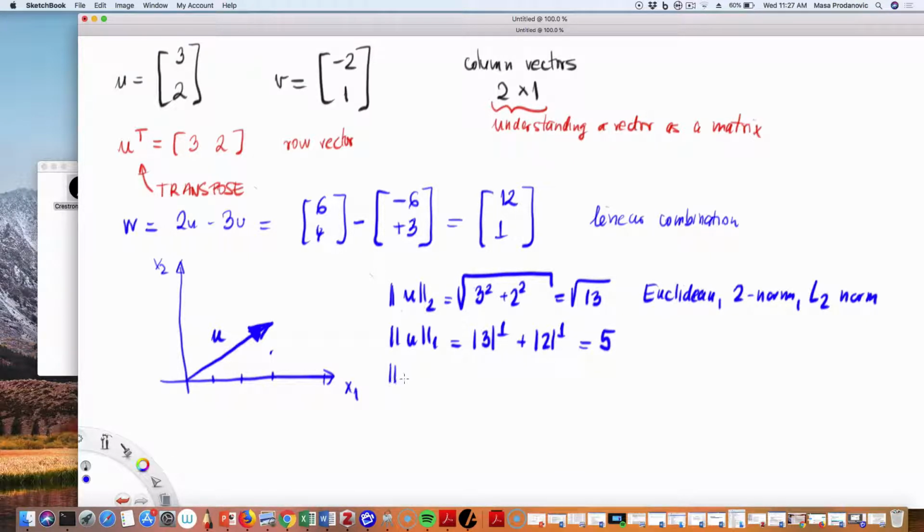And one more norm I have that we're gonna use, it's infinity norm. It's simply the maximum between the two absolute values, or 1,000 absolute values if I had 1,000 of them. So I can see that in these three cases, I'm gonna get slightly different numbers. That's fine, as long as when I compare two vectors, I use the same norm to compare them.